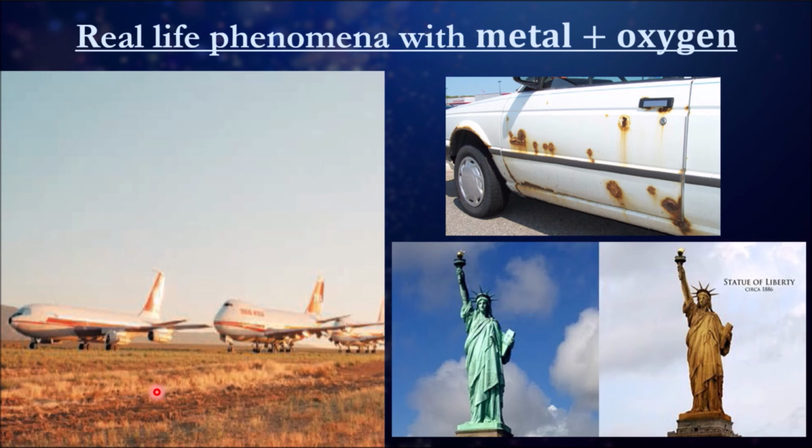But in California, because it is pretty dry or very dry most times of the year, you can actually park the planes outside, and you won't see any corrosion because there's just not enough moisture to react with the planes. It's also worth noting they have been painted, so that also can help prevent that corrosion.